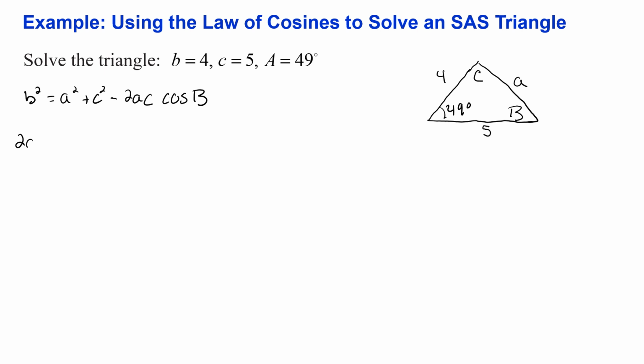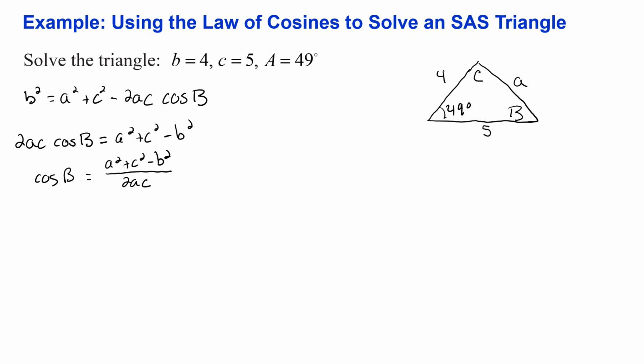So we have 2 times side A times side C times cosine of angle B equals side A squared plus side C squared minus side B squared. Now divide both sides by 2 times side A times side C, and we have cosine of angle B equals the quantity side A squared plus side C squared minus side B squared, all divided by the quantity 2 times side A times side C.